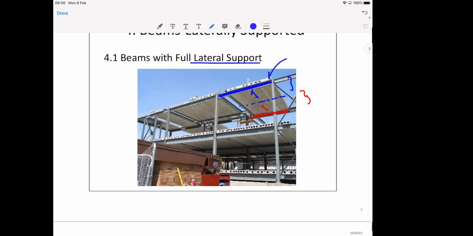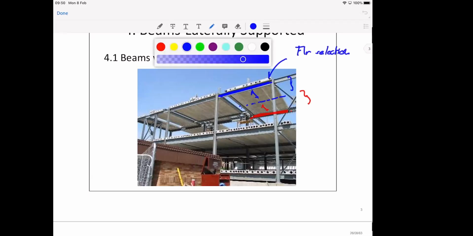Now you have the issue of selecting the proper floor. This will become the span length of your floor, right?